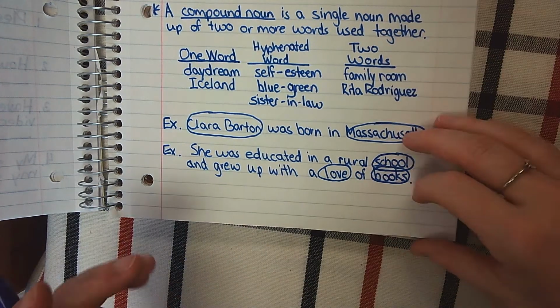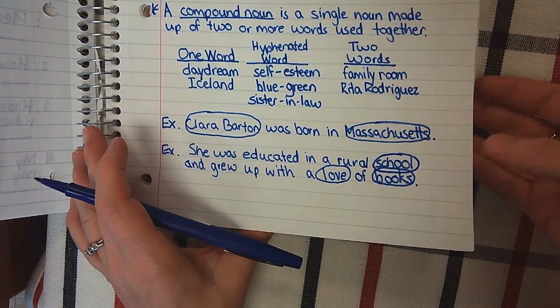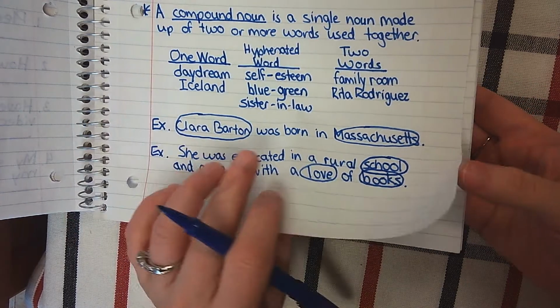Okay, I'm going to give you two practice sentences, and in both of these practice sentences, I want you to circle all of the nouns. So, practice.